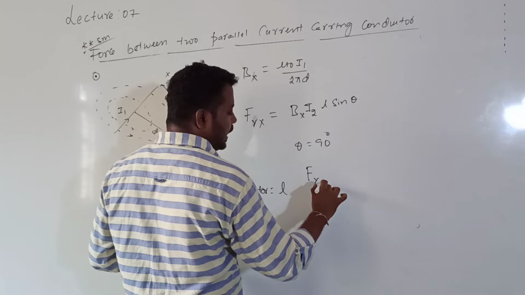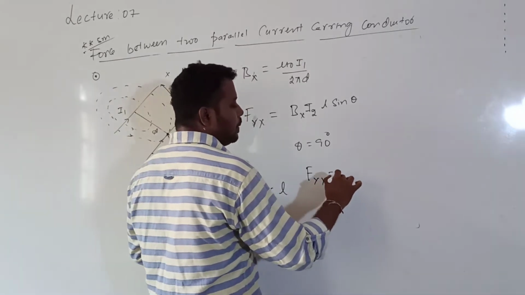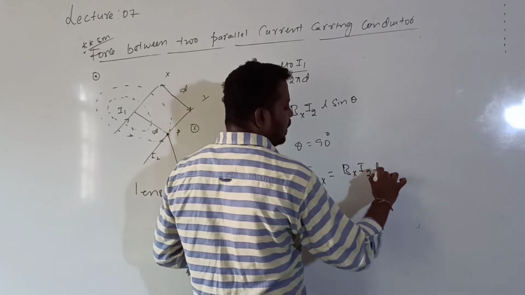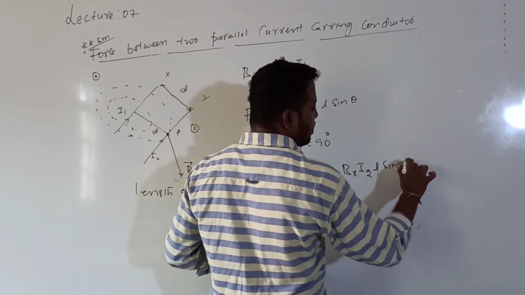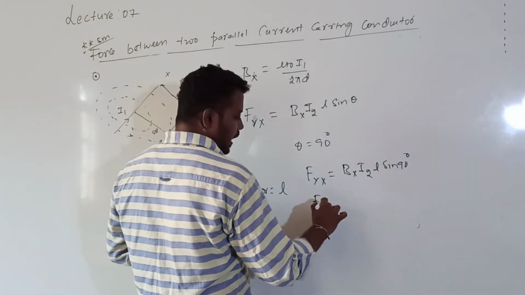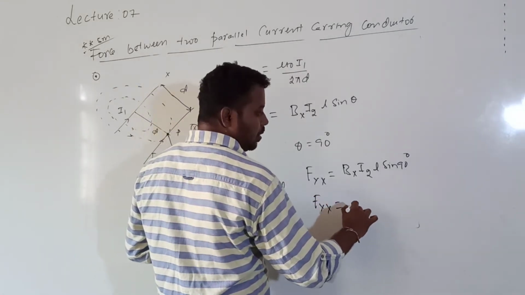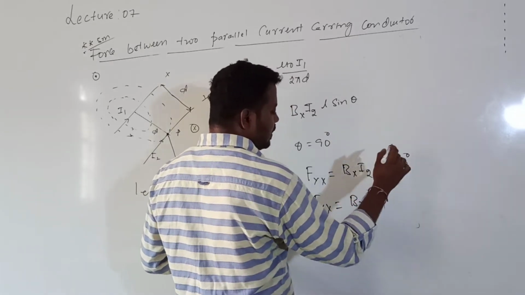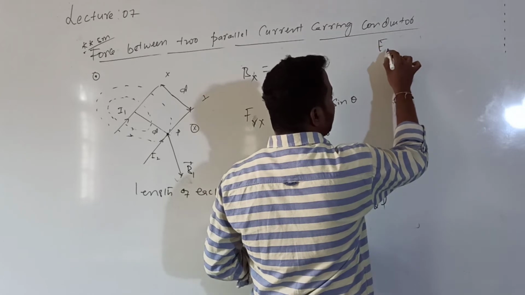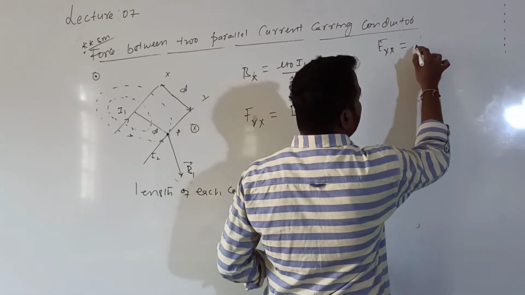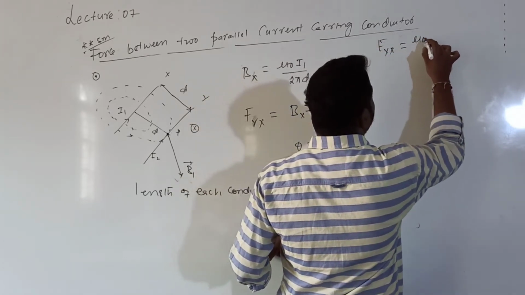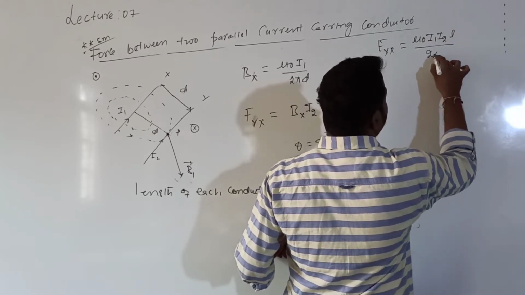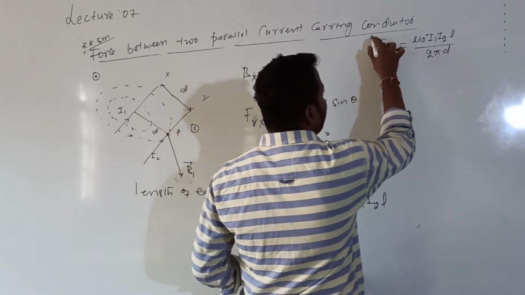The force acting on the conductor Y due to X is given by Bx into I2 into L into sin 90. So F of YX will be equal to Bx into I2 into L into sin 90, value 1. So this F of YX will be equal to mu naught into I1 into I2 into L divided by 2 pi d.